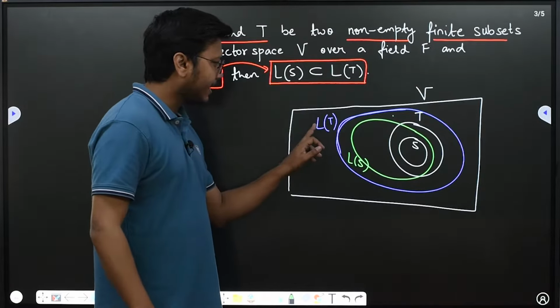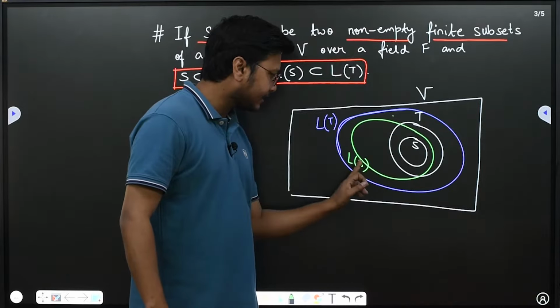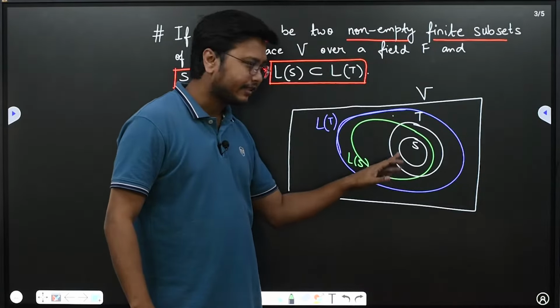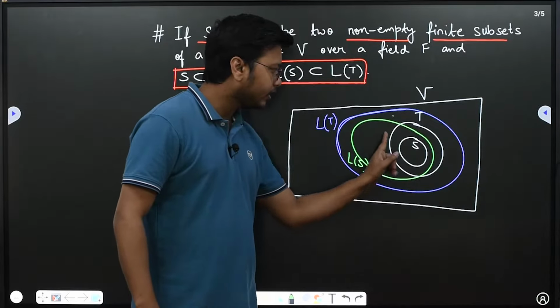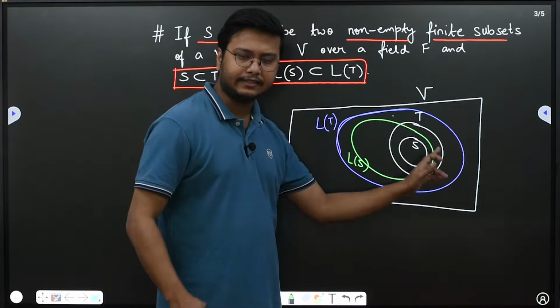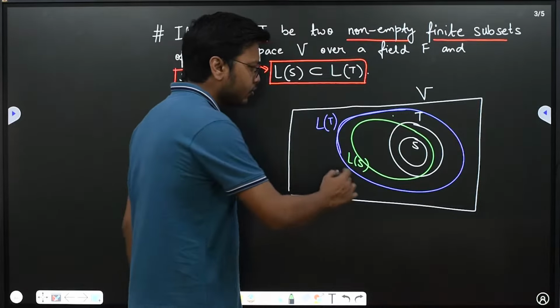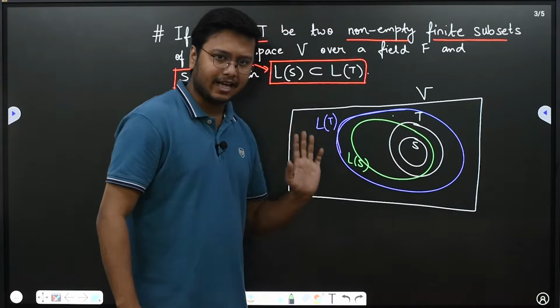Obviously you can see L of T contains the entire T set, and L of S contains the entire S set, not necessarily the T set. It is not necessary for L of S to contain the entire T set. It may or may not contain it. In general I have drawn it in such a way that it does not contain the entire T set.